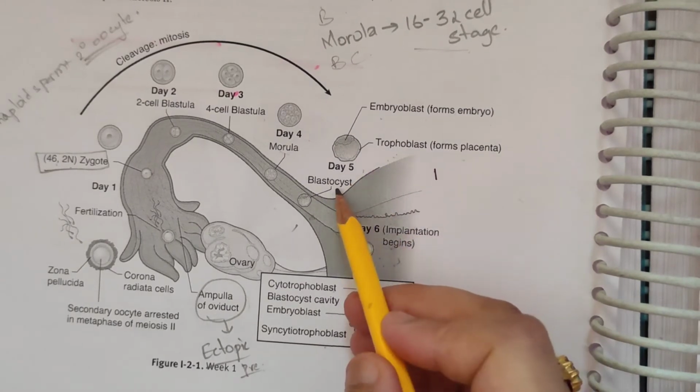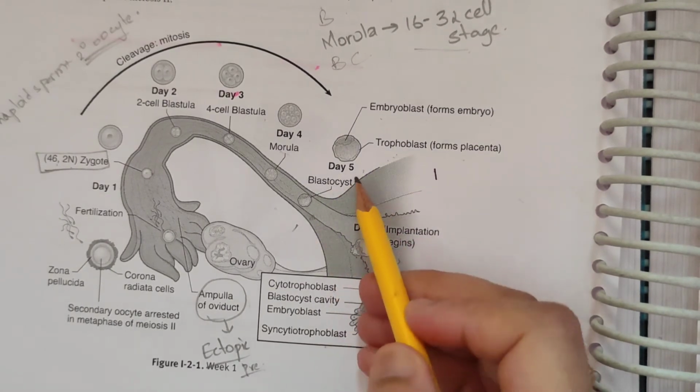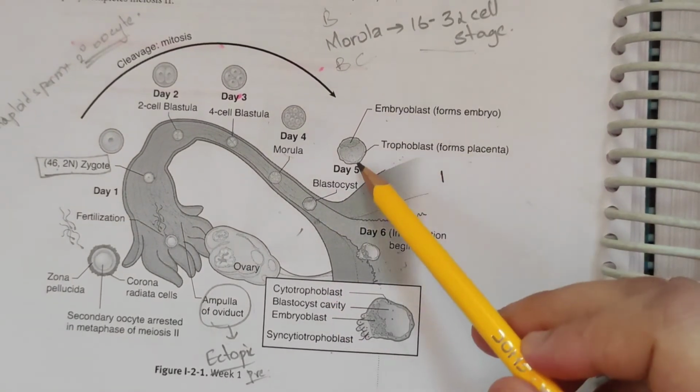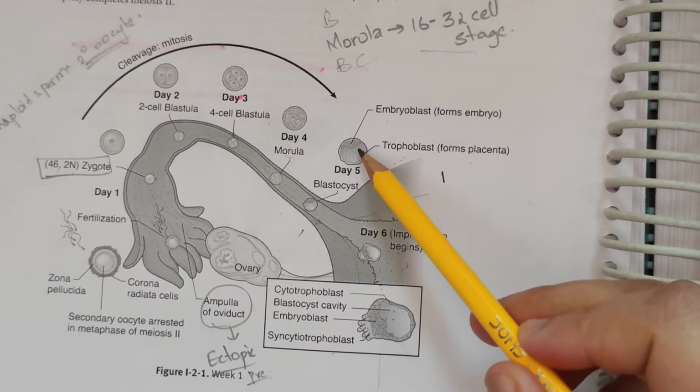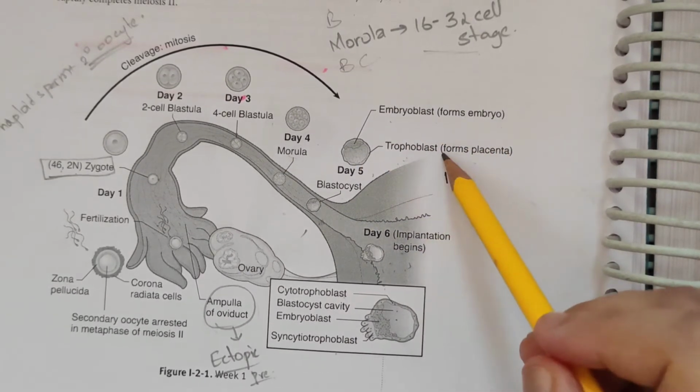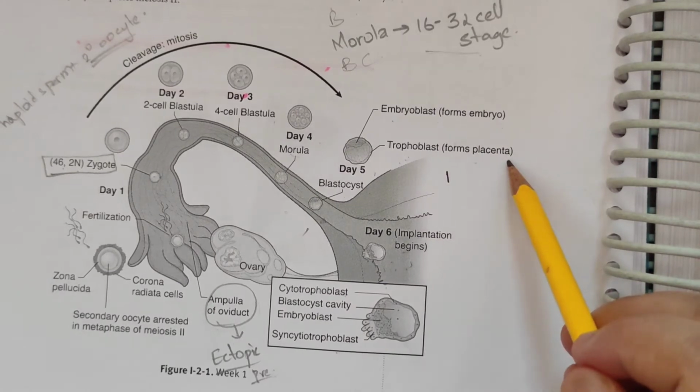Coming back to the blastocyst, on day 5 it divides into two parts: the embryoblast, which forms the embryo, and the trophoblast, which forms the placenta.